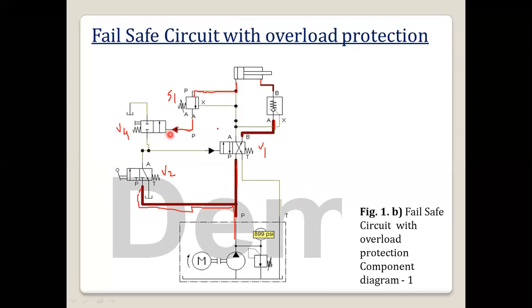The sequence valve's pilot line is controlled in this line, because oil goes to the sequence valve and also to port A, then returns to the tank.